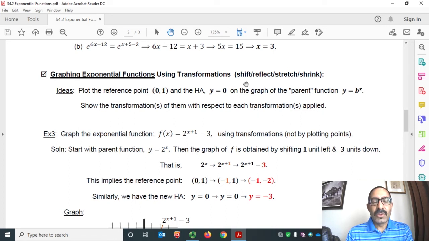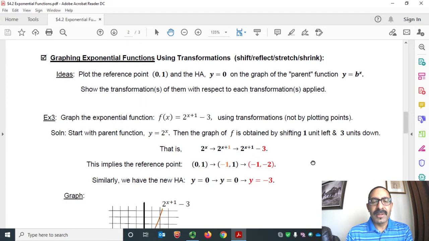That means when you shift, reflect, stretch, or shrink the parent function's graph, what's the effect of those transformations on these two, the reference point and the HA? Then graph them, and after your final transformation, that will be the graph of these shifted exponential functions. Awesome. So now let's do example 3.